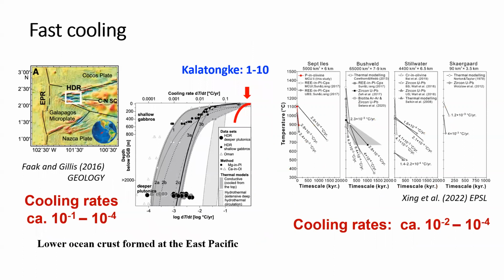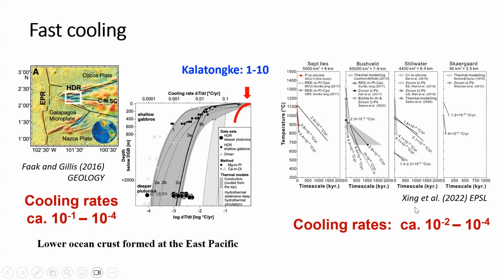So what does this mean for the cooling rate? I compare Kalatongke to other deposits, layered intrusions. This is the case from the lower oceanic gabbroic intrusion. This is quite a big one, about 2 kilometers thick, and they got a cooling rate like this. This is the Kalatongke deposit here, and it's much faster than the layered intrusions as shown by Xin's paper.